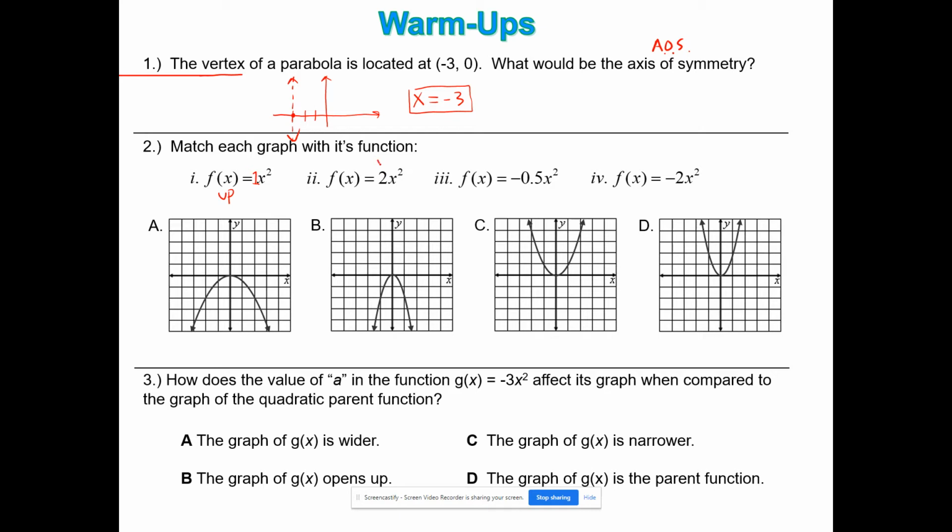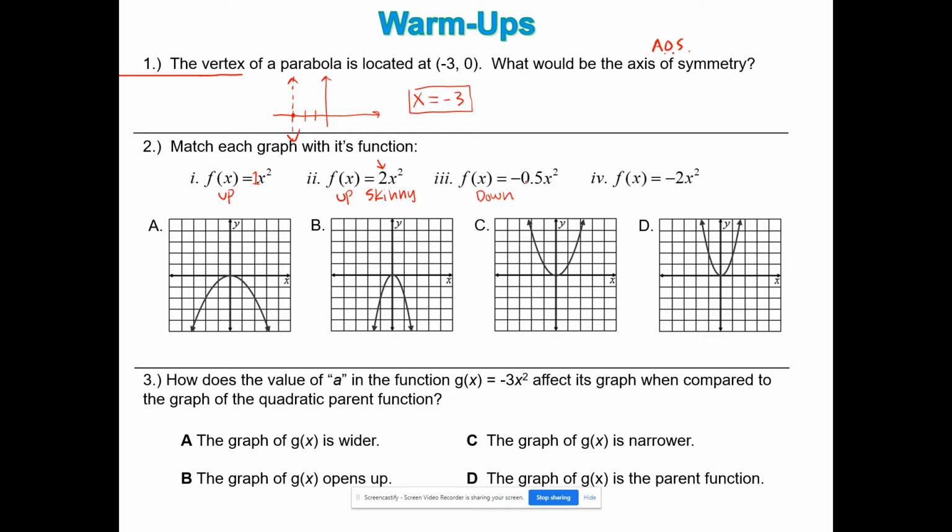So I'm not going to write anything there for skinny or wide. Again, we have a positive number, +2, so it opens up, and because it's bigger than 1, we know the graph should be skinny. Over here, for function 3, this is a negative number, so it opens down.